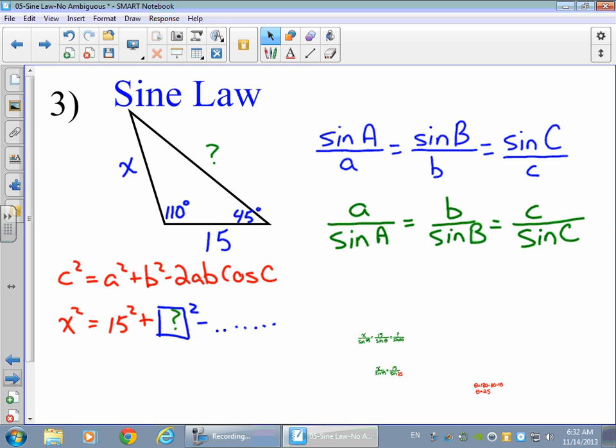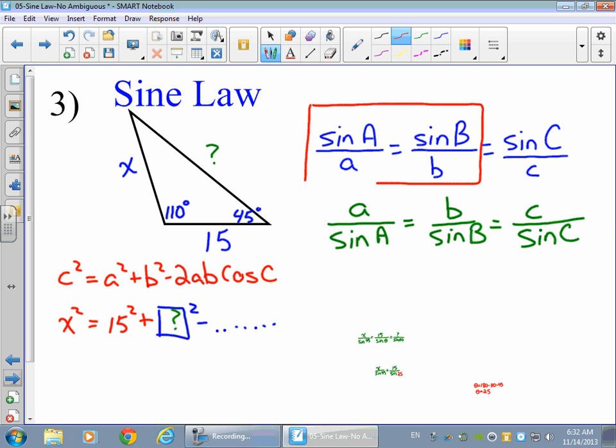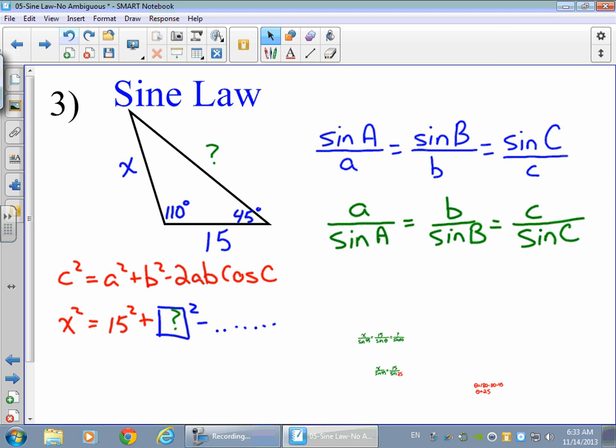Now, hopefully it's fairly obvious, but what I would end up doing is using two of these in solving the problem. I wouldn't actually try to use all three, it's a two-way equation sort of thing. But it's suggesting that any combination of angle and side across from it can be used in this to solve. So it doesn't have to be the ones labeled A's and B's and C's or anything else. It can be any of the angles that you have.